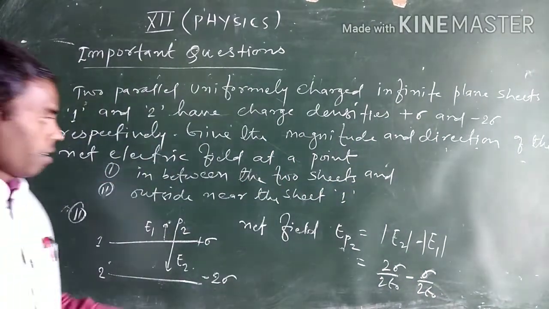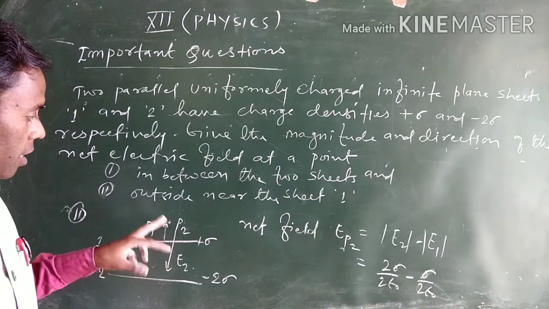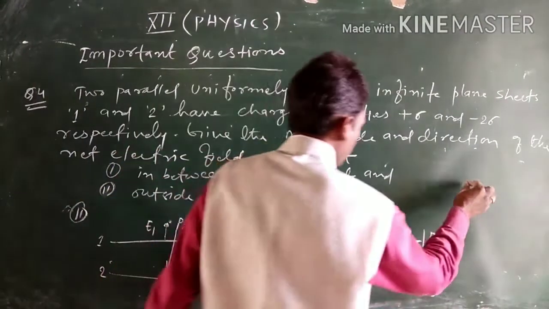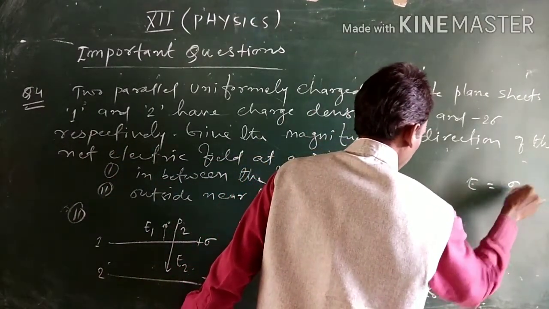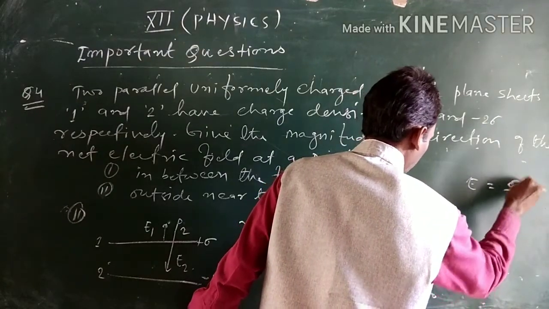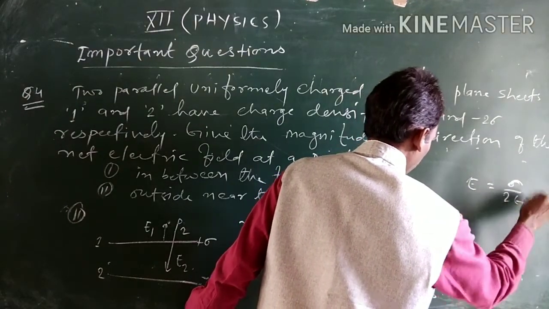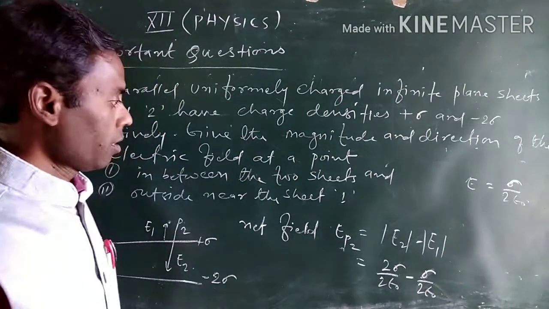For the electric field near the sheet, I have already told you E is equal to sigma divided by 2 epsilon naught. We have to use that one.